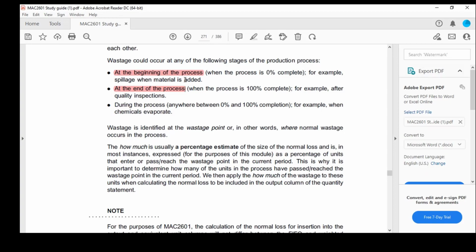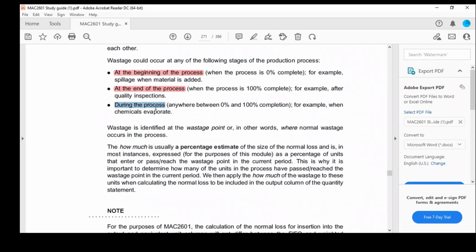If they are in a box, whether they are traveling from Cape Town to Johannesburg, they need to be intact. So it does happen that at the very end, after you have baked them, you find that there's a normal loss. So that's an example of at the end of the process.